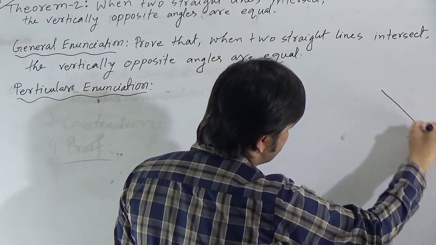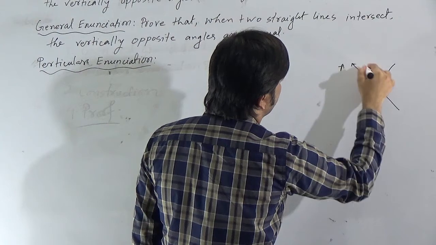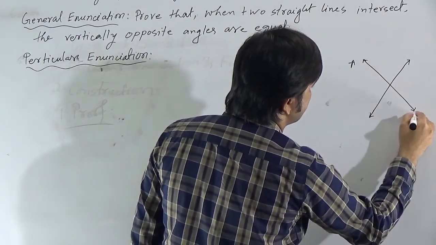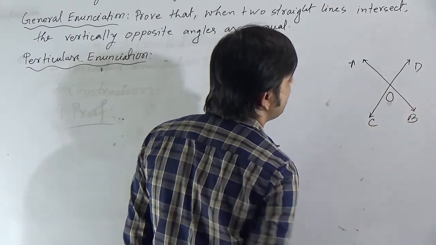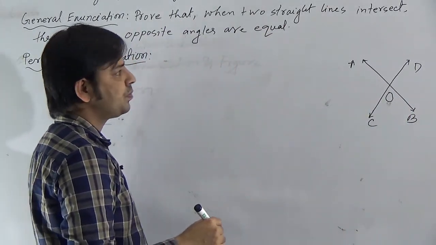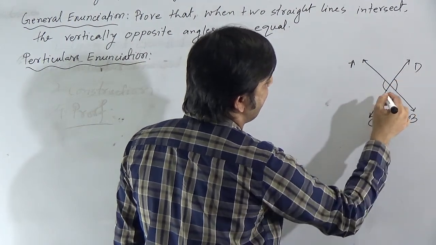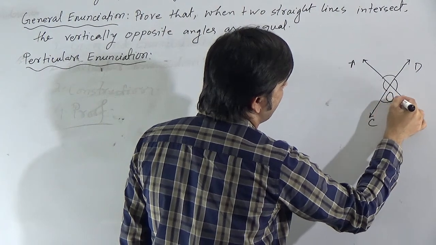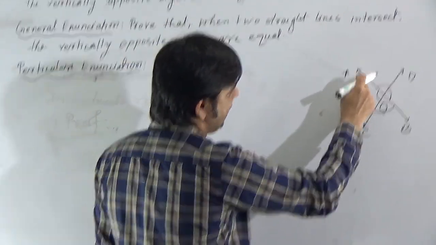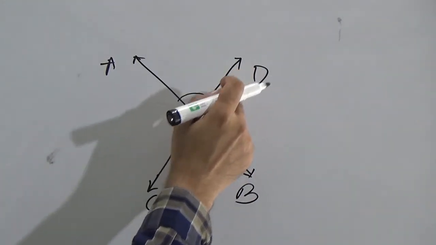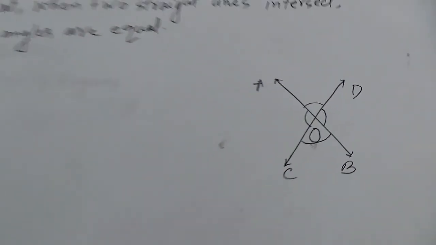So we have to draw two straight lines, suppose AB and CD, which intersect each other at O. Here angle AOC is the vertically opposite angle of BOD and angle AOD is the vertically opposite angle of COB. We need to prove that the vertically opposite angles are equal. It means that we have to prove angle AOC is equal to angle BOD and angle COB is equal to angle AOD. So we can write the particular enunciation now.